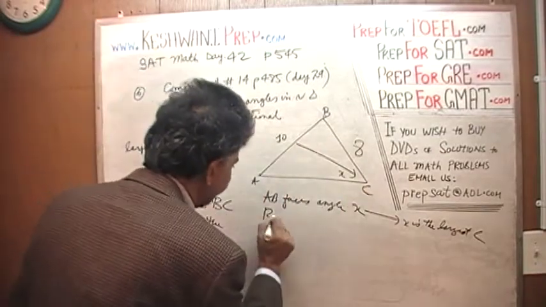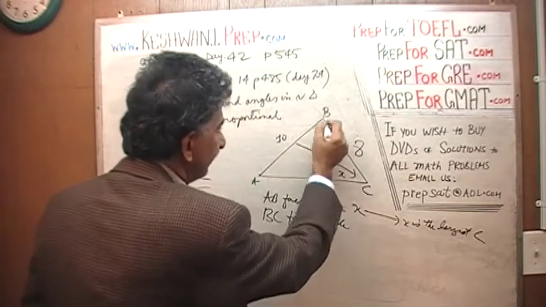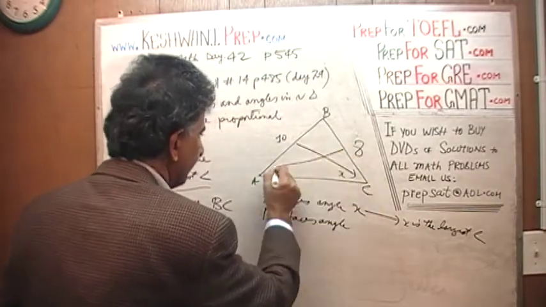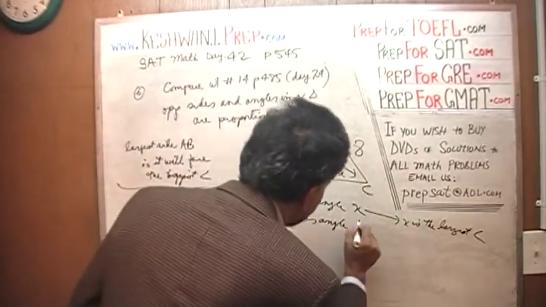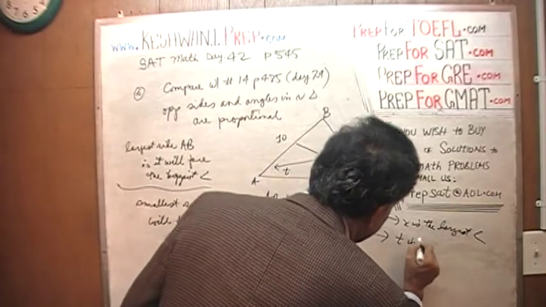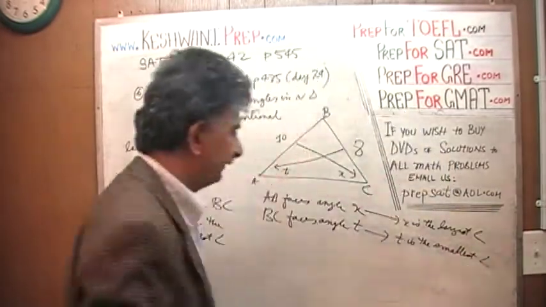BC, this side B to C, faces this angle right here, which we are told is angle T. Therefore, T is the smallest angle. That's it, we're done.